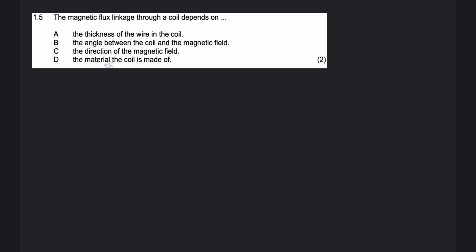Magnetic flux linkage is given the symbol phi, and if you check on your data sheet, phi is equal to B times A times cos theta.